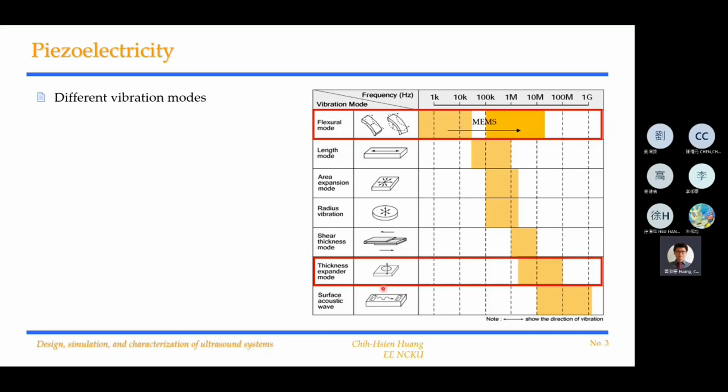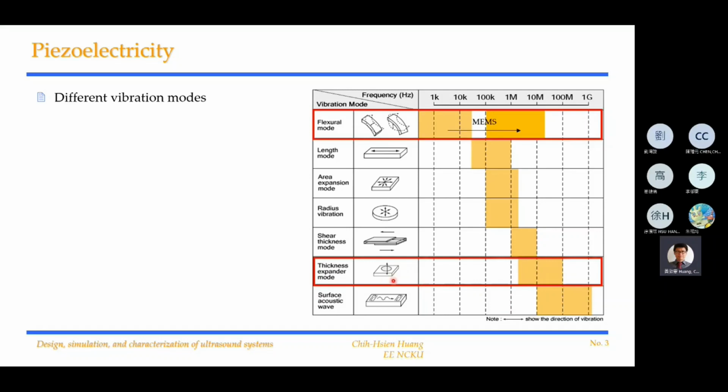And then we also have the thickness expander mode. Thickness mode is also going up and down, but all the material goes up and down together. We call it thickness mode, and usually you can reach a higher frequency with it compared to flexural mode.